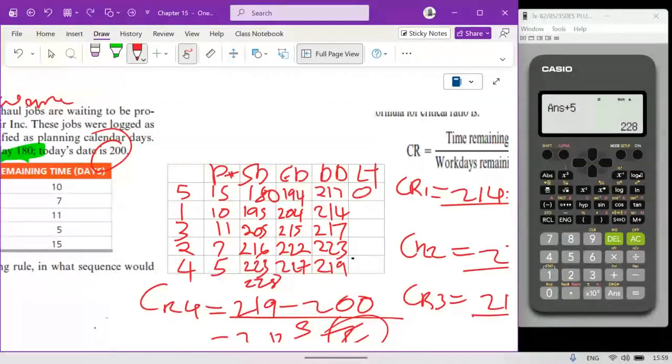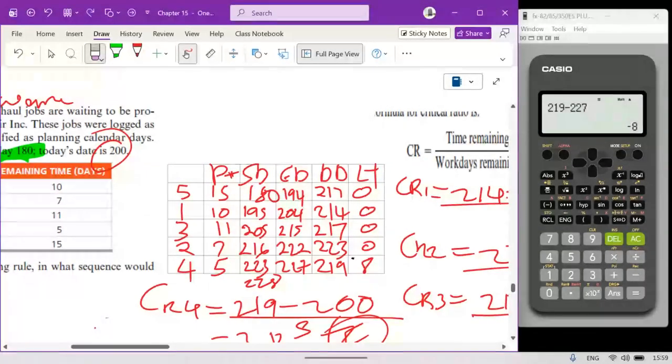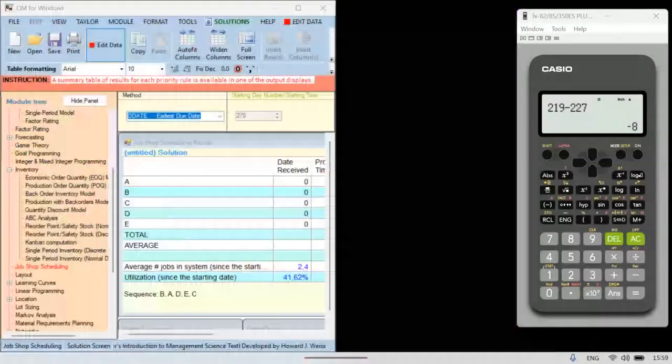That is larger, becomes 0. This is larger, becomes 0. 219. Okay, now we have 219 minus 227. Then it becomes 8. So the thing here is 8. So let's see now if we can do this quick.